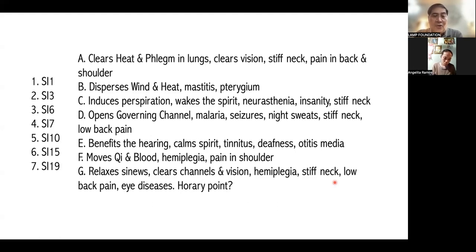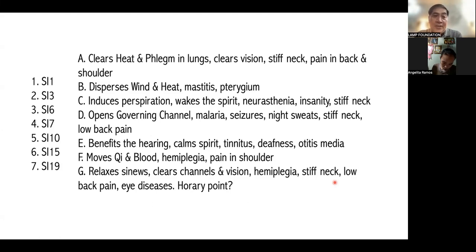Okay, SI3 po. My answer, Doc, is letter D. Open governing channel, malaria, seizure, night sweat, stiff neck, low back pain. It is the confluent point of the governing channel.